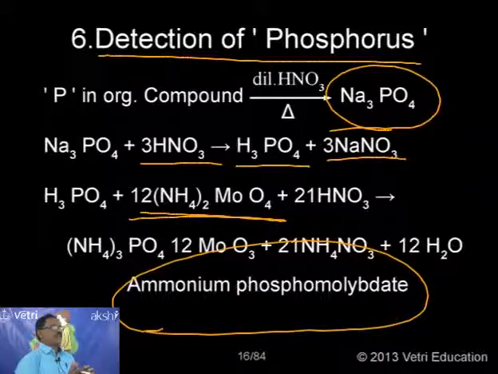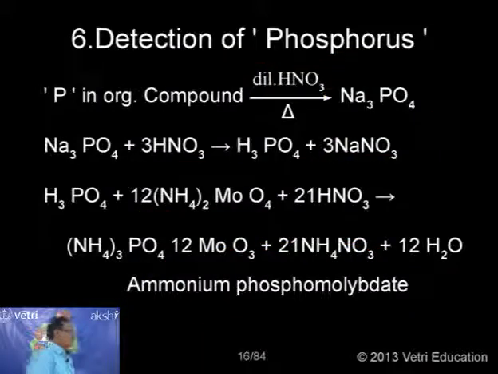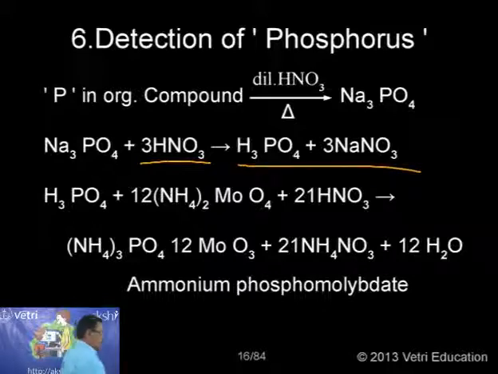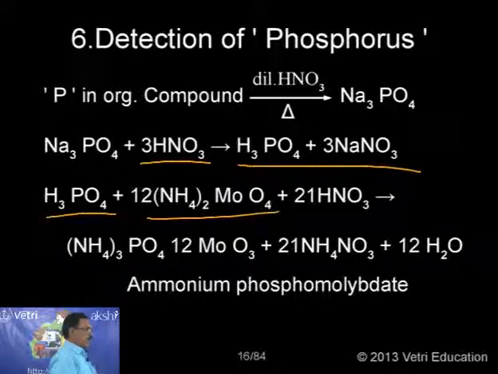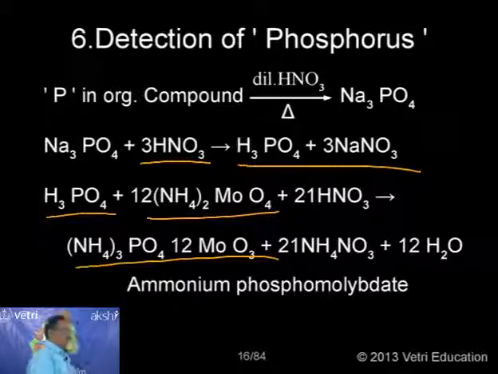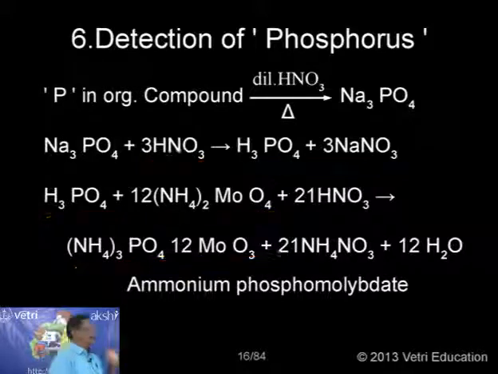If there is any yellow precipitate formation, it shows the presence of phosphorus. Very interesting information. Treating with nitric acid forms phosphoric acid, and that phosphoric acid, when treated with ammonium molybdate, is converted into a complex, ammonium phosphomolybdate, which is responsible for the yellow color, so the presence of phosphorus can be detected. This is a very interesting test for phosphorus.